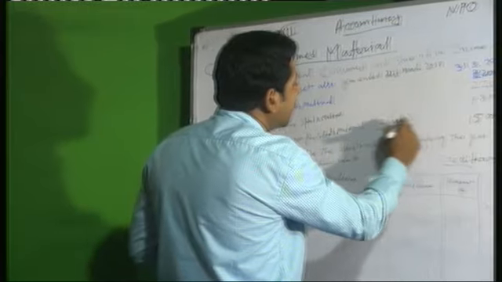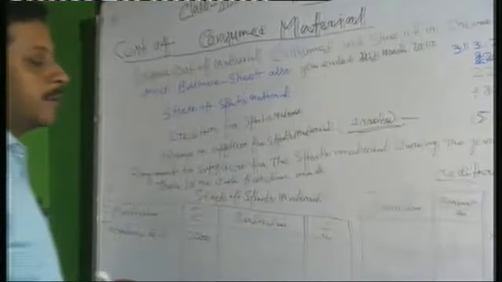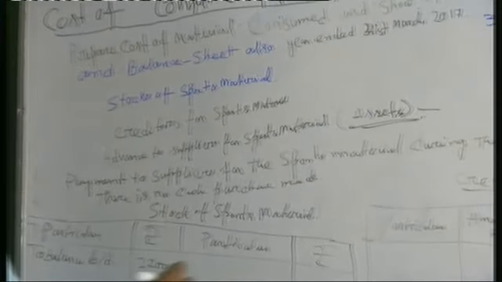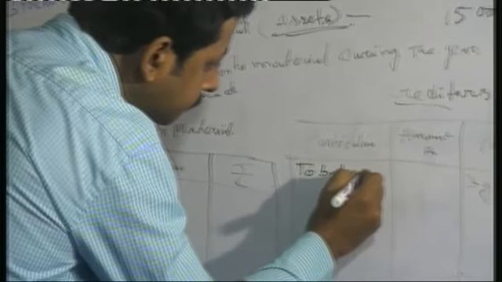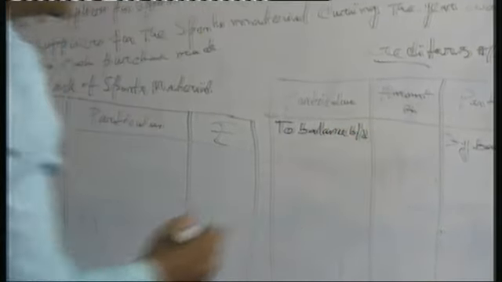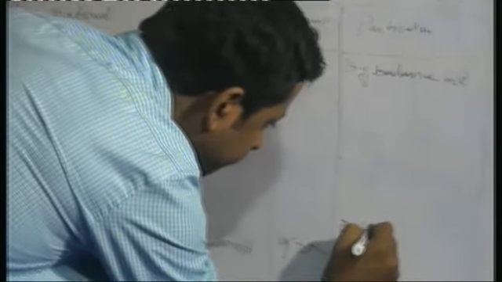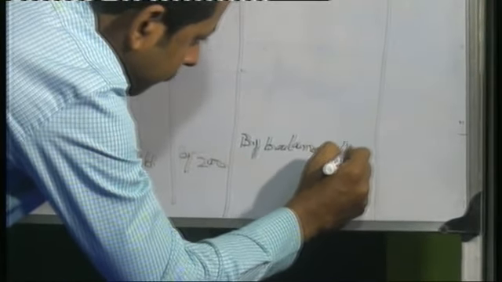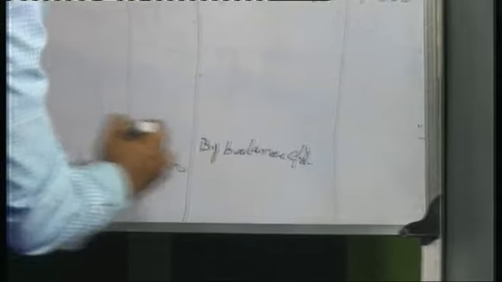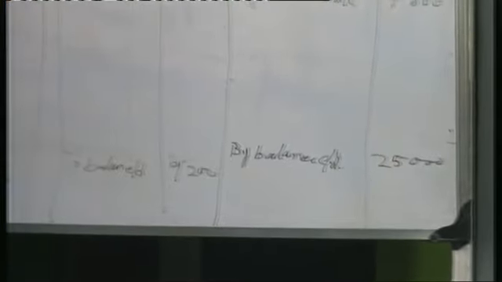As you know, the asset balance is always debited. To balance b/d, what is the amount? 15,000, and by balance c/d 25,000.